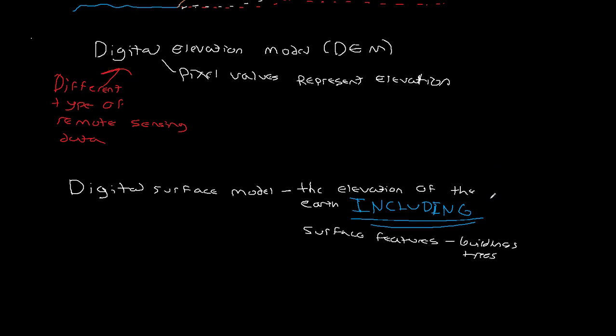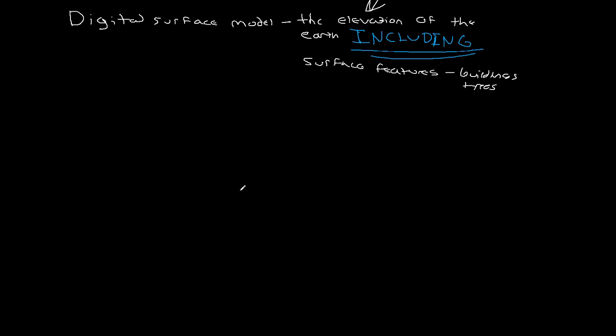One other thing: the digital surface model references above sea level, or ASL. It's referencing the ocean as the reference point for 0. So that's one way we can do it.